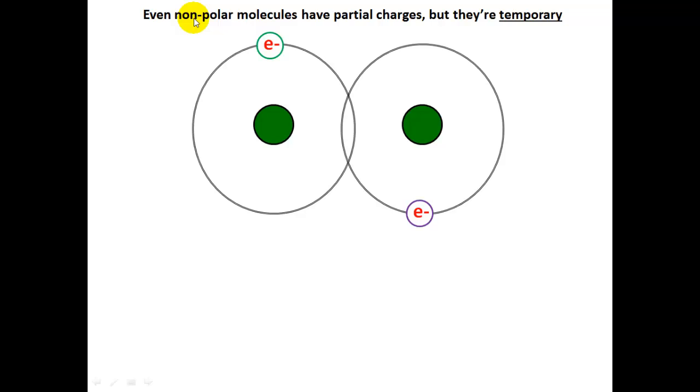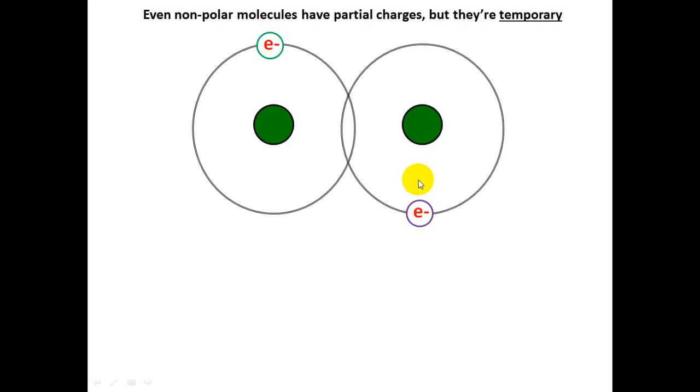Because the electrons are distributed evenly across that molecule if it's a nonpolar one. What we're saying here, though, is that there are partial charges that can form on nonpolar molecules, but those partial charges that form don't last long. They're temporary. And it's because of these temporary partial charges that nonpolar things can form attractions to other nonpolar things.